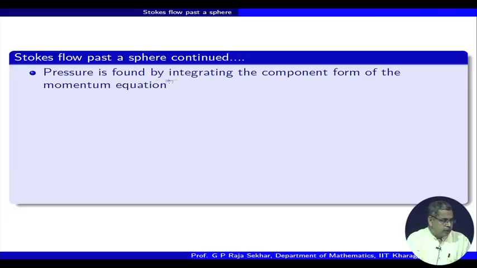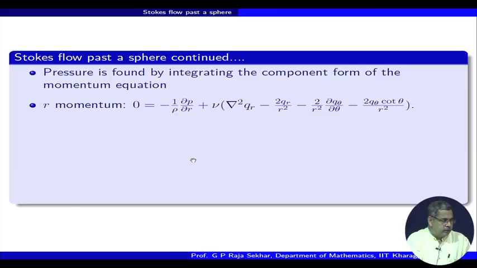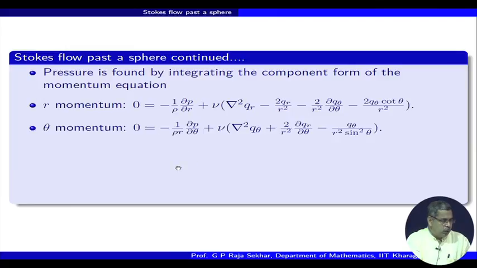Okay. So, pressure is found by integrating the momentum equations. Again, the Laplacian over these two components brings in a lot of algebra, but one can handle it, it is not very difficult. So, how do we integrate the pressure? We now know the velocities.